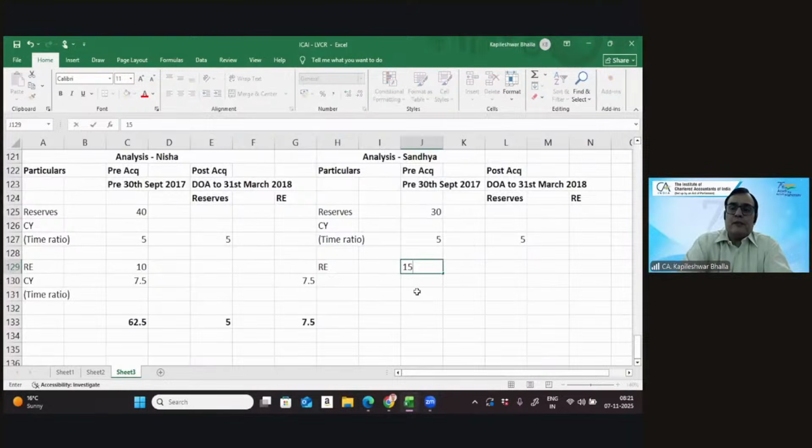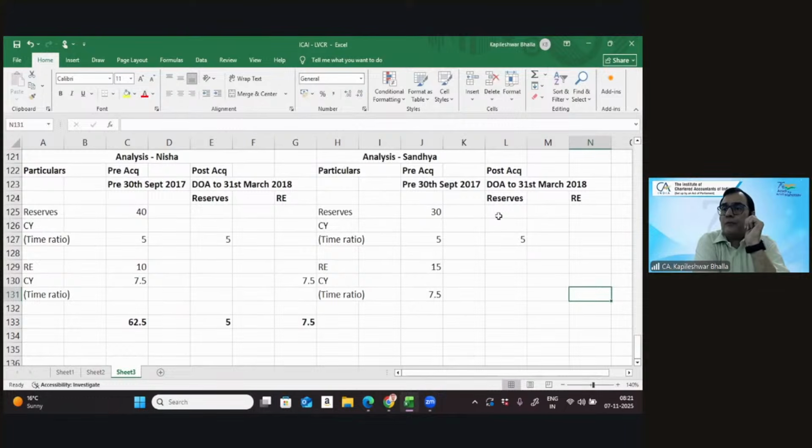So 15 becomes pre, and the current year would be in the time ratio, and this works out at 7.5. This is pre, and this is going to be 7.5, that is post as well.